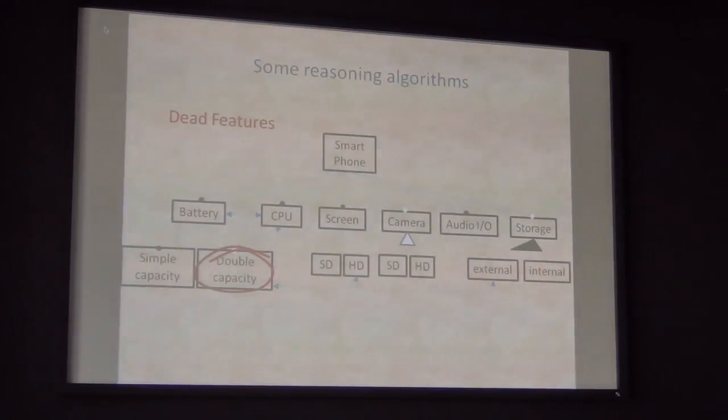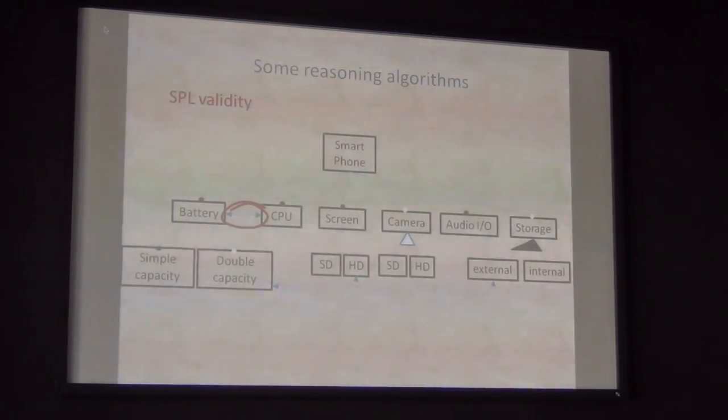I have intentionally added this constraint that the CPU excludes double capacity, which is of course an incorrect constraint, but I just added it to illustrate the idea. So CPU is a mandatory feature that excludes double capacity, so double capacity is never going to be included in any product. This is what we call a dead feature, and this is a bad thing in the software factory. Another reasoning algorithm is SPL validity. So we may ask ourselves, is our software product line valid or not?